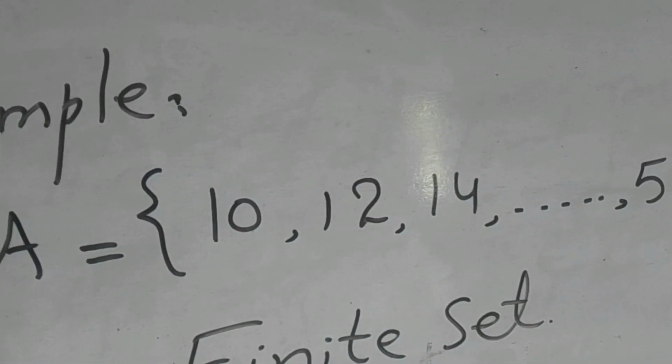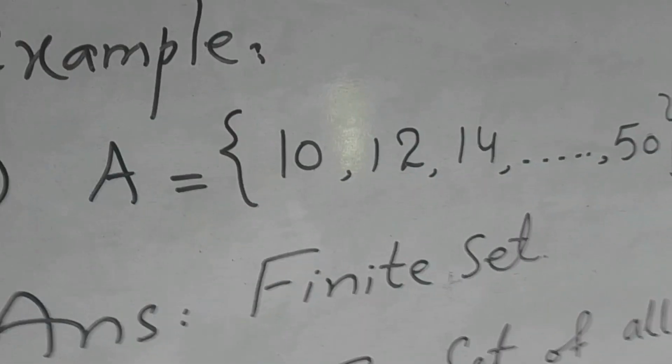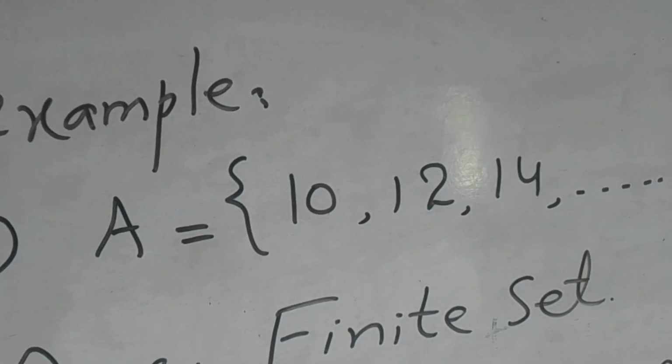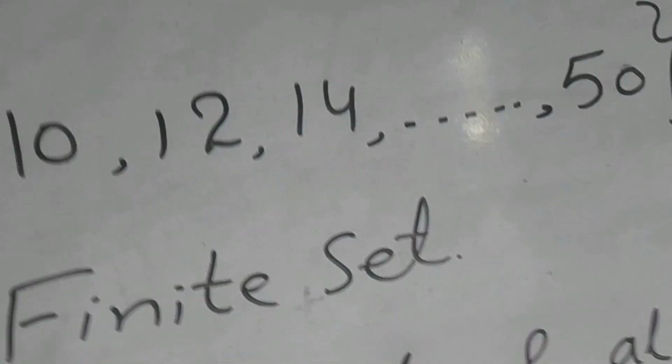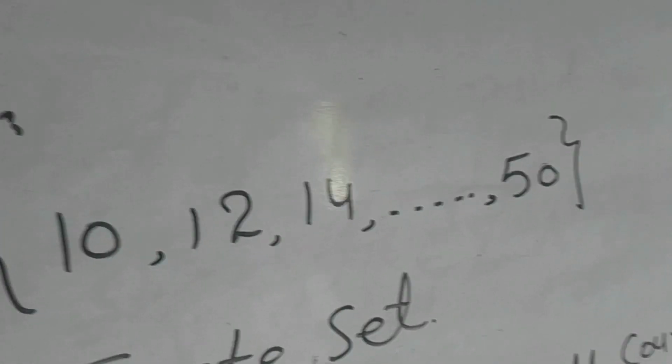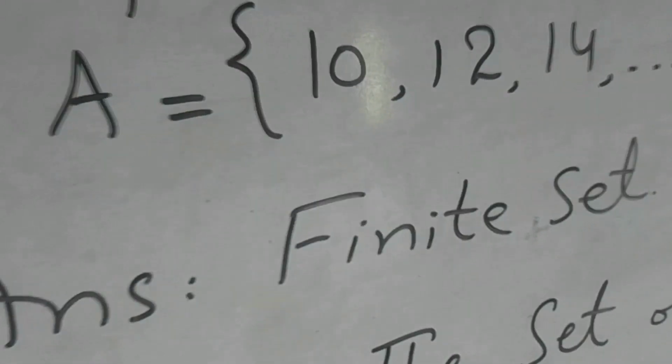And now we can see that these are even numbers, starting from 10, 12, 14, 16, 18, 20, 22 and up to 50, but all are even numbers and countable. So this is a finite set.